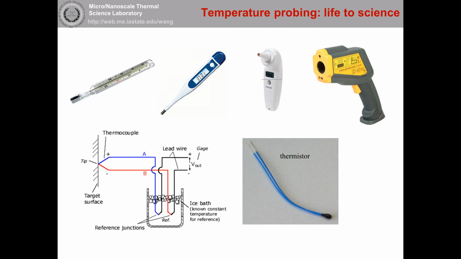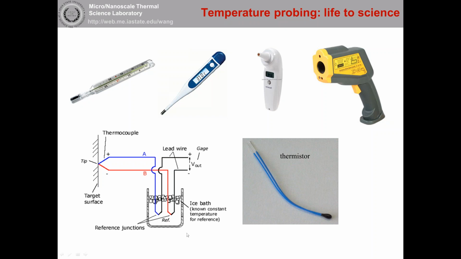The limit is, for example, if you want to use a thermistor or thermocouple to measure the temperature, the resolution is really limited. Even if you use a thermocouple, I think you can go to maybe 50 micron. That's the smallest you can go. You cannot go smaller.